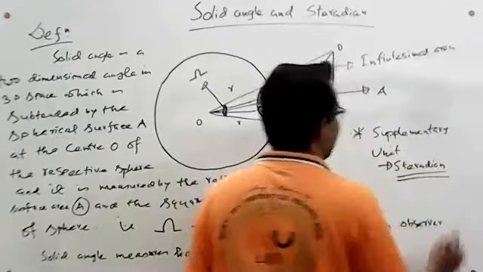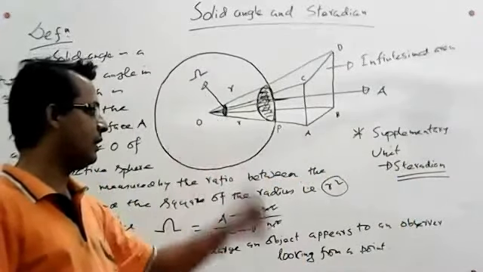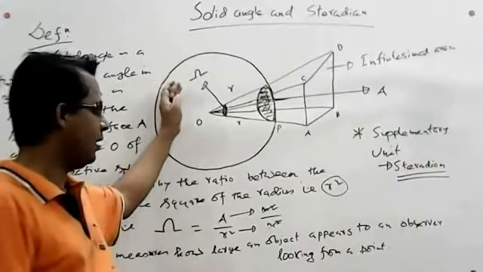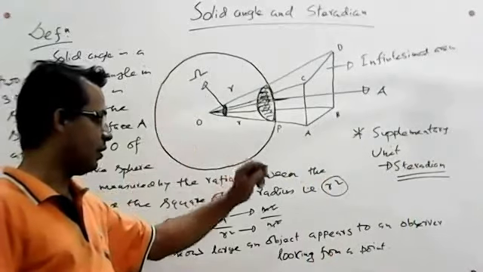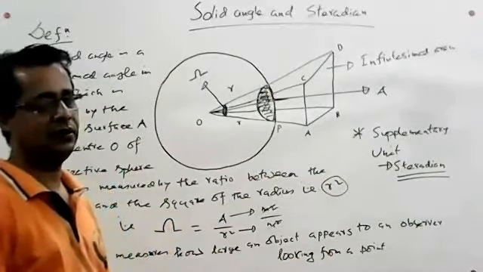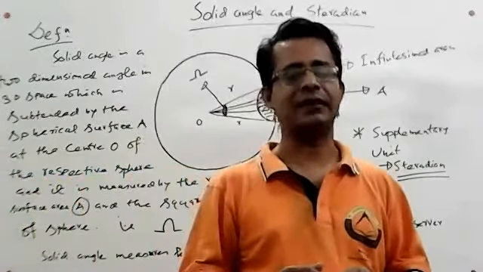For measuring solid angle, we have to use a supplementary unit, and this is called steradian unit.